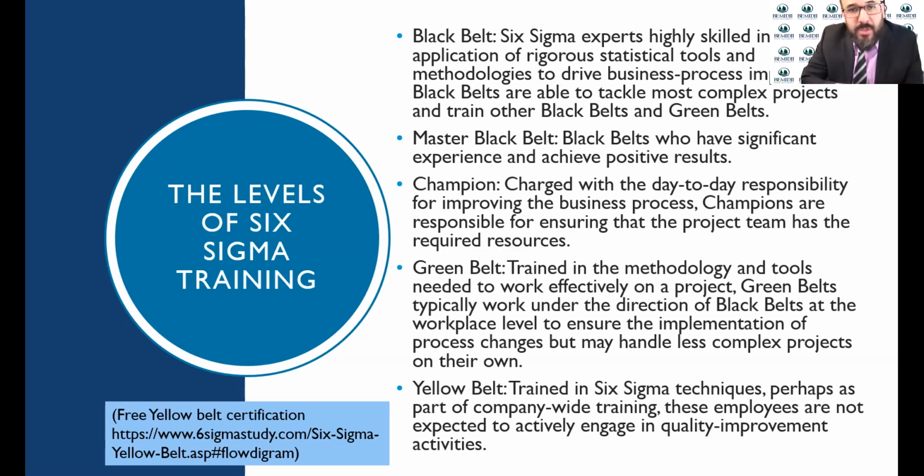If you become a master black belt, that means you're highly qualified, you're highly knowledgeable with the statistical tools, and also you have applied the Six Sigma methodology and achieved positive results. And that would be the top of the Six Sigma training.